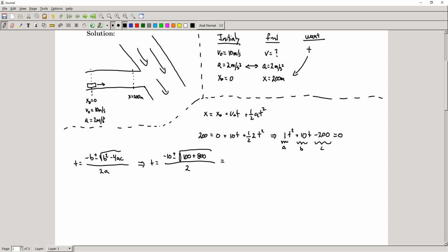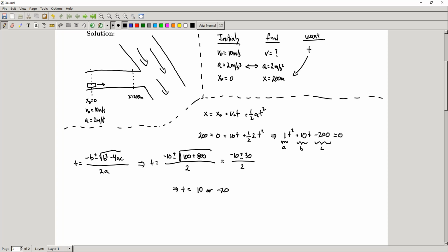And this is just equal to minus 10 plus or minus the square root of 900, which is 30, over 2. And so this tells us that t is equal to 10 or minus 20.